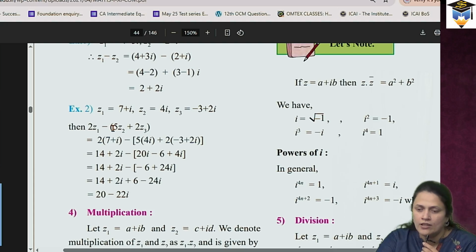So 5 into bracket Z2, that is 4i. So 5 into 4i is 20i. Here 2 into bracket minus 3 plus 2i. So you have to multiply each and every term inside the bracket. So 2 into minus 3 is minus 6. 2 into 2 is 4i. And then you will add the real parts and imaginary parts.